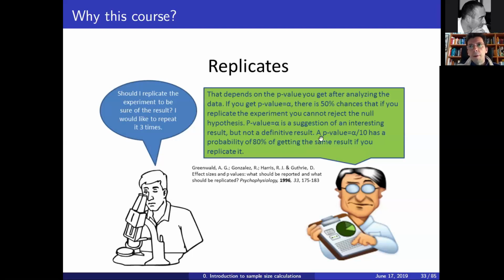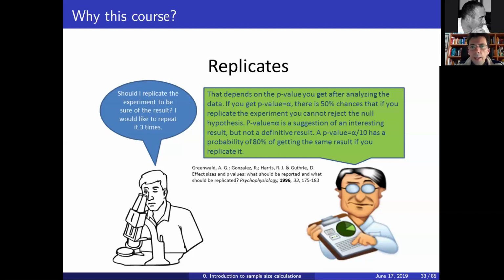Let's say that you have a p-value that is very close to your threshold. Your threshold to take a decision of whether the treatment is useful or not is 5%, so 0.05. If your p-value is below 0.05, you say the treatment is useful. If it is above 0.05, you say that you cannot show with this data that the treatment is useful.